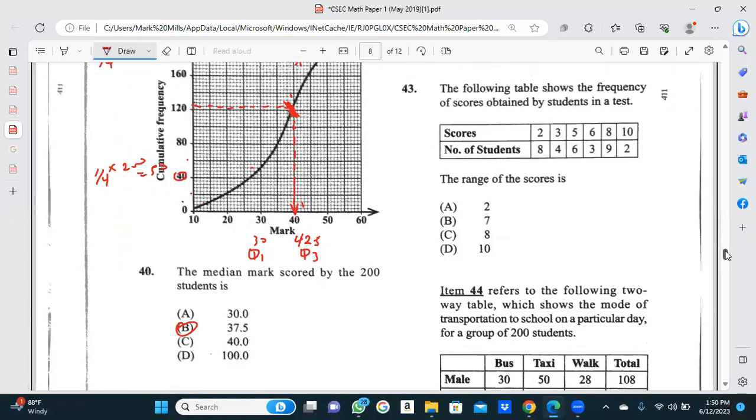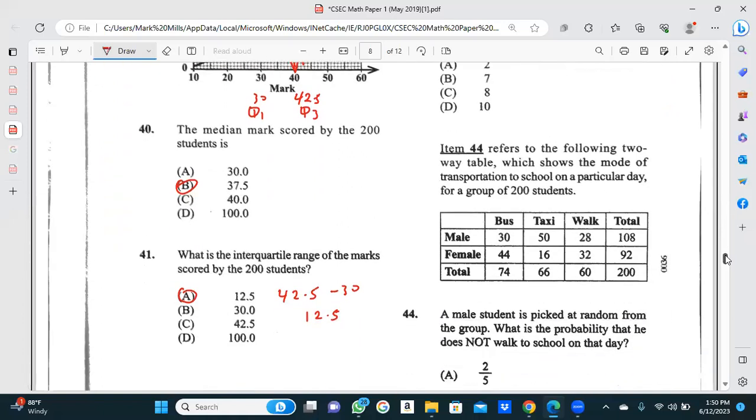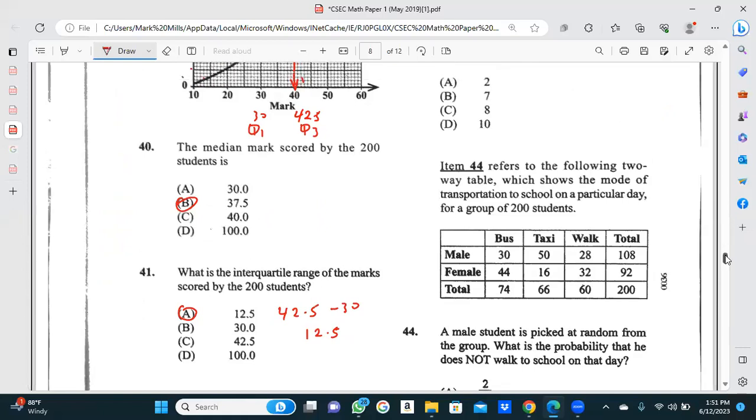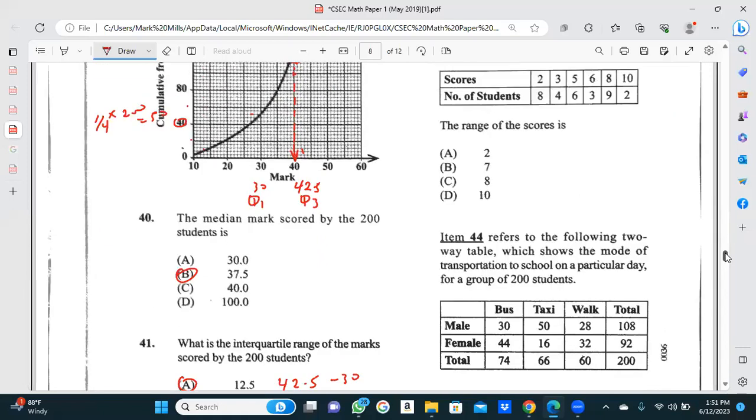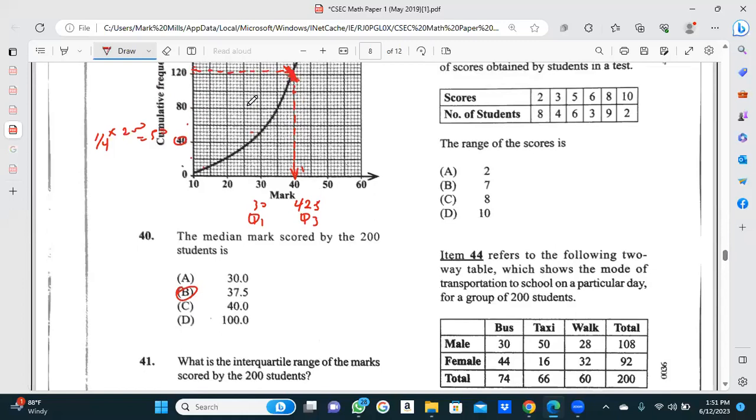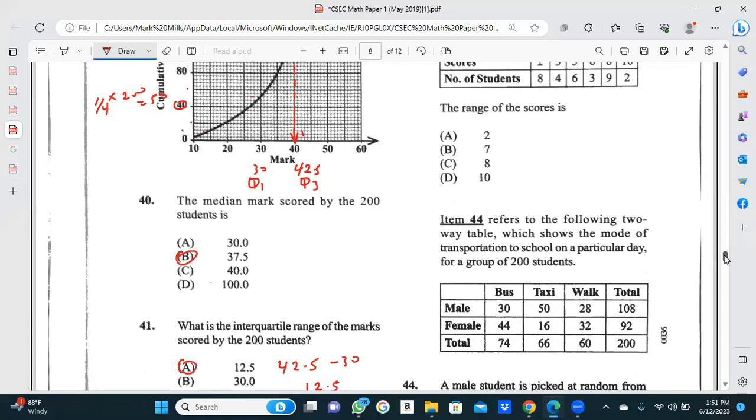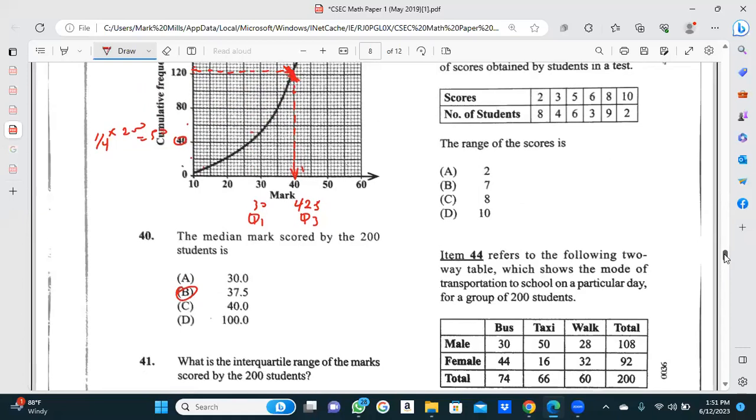Sure, can I see 41? Okay, so 41, we say it's 12.5. So 41 would have been 42.5 minus 30. I think what we did was this, right? We look for 41 now. We look for something coming to 30. I think it falls right here.